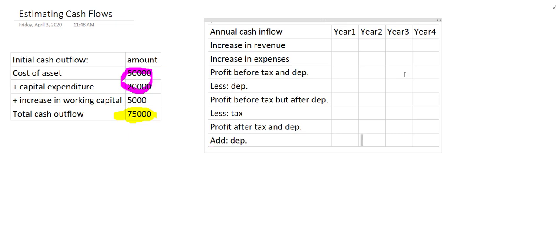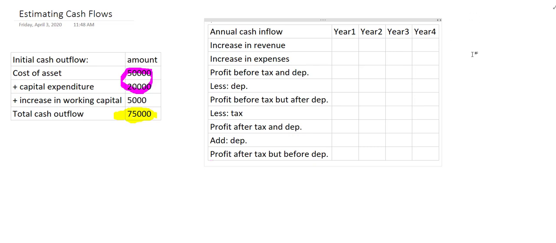Whatever is the result, this can be called profit after tax but before depreciation, DEP, right? So this is the amount which we need.